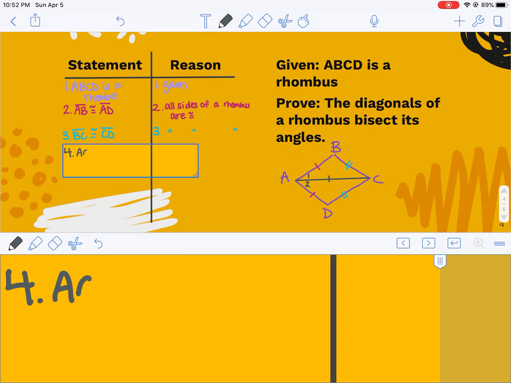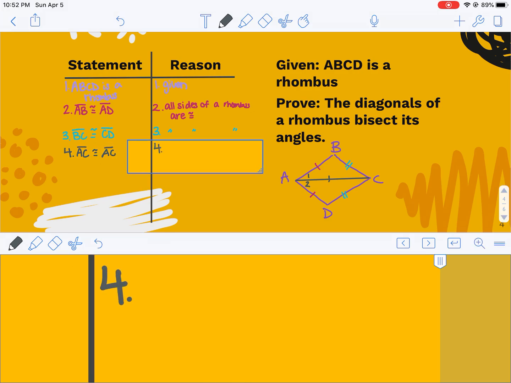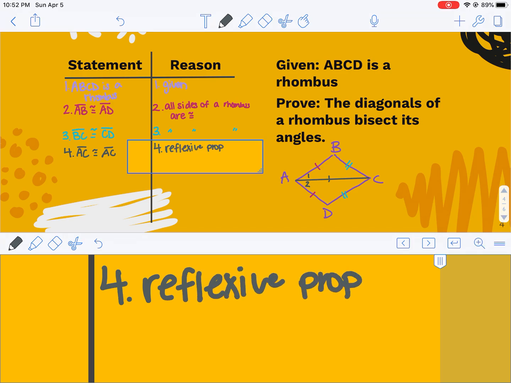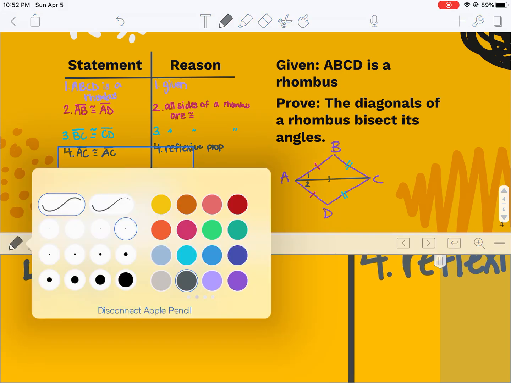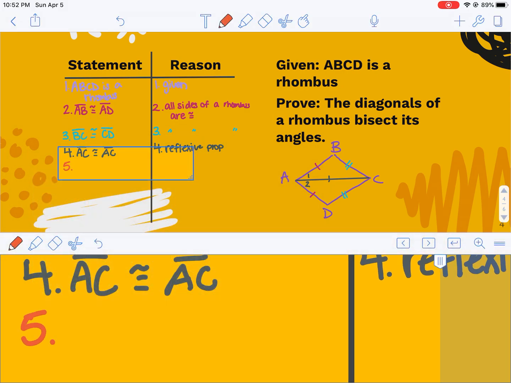And then the third side we said was that AC was congruent to itself. Remember, when something equals itself exactly, that is the reflexive property. And then we can say triangle ABC is congruent to triangle ADC.